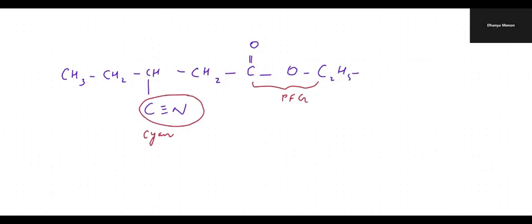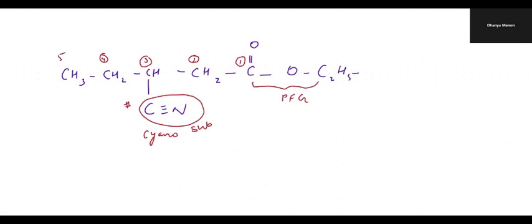Okay. Now, this cyanide group is the substituent. There is a carbon atom. We usually don't number the carbon of the cyanide. So we start the numbering from the primary functional group because it already has a carbon. 1, 2, 3, 4, 5. Do not number the carbon of the cyanide group. Okay.